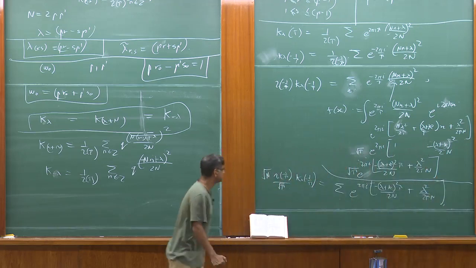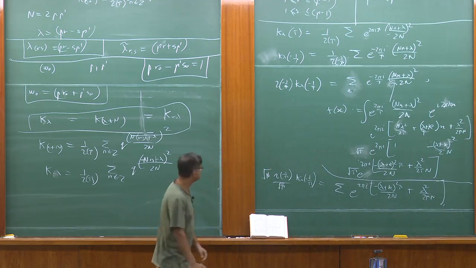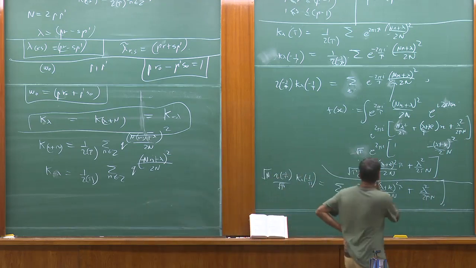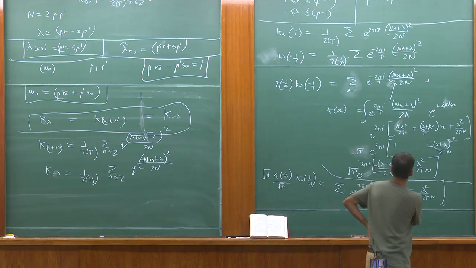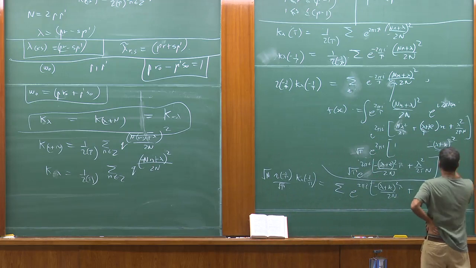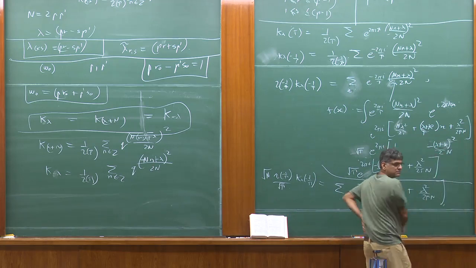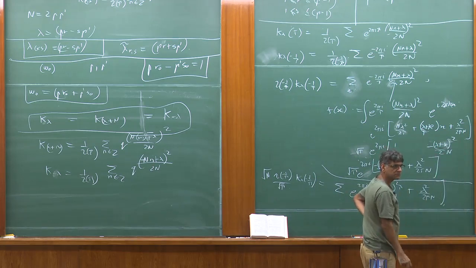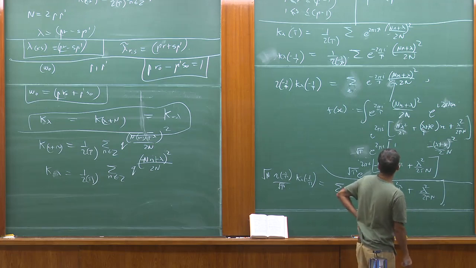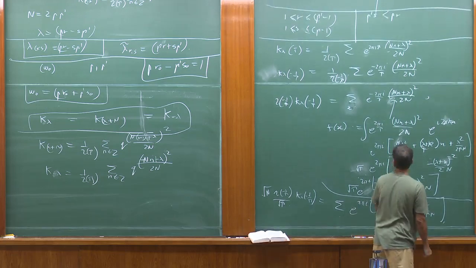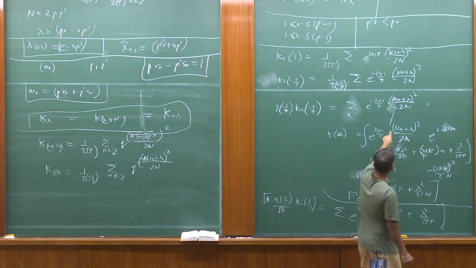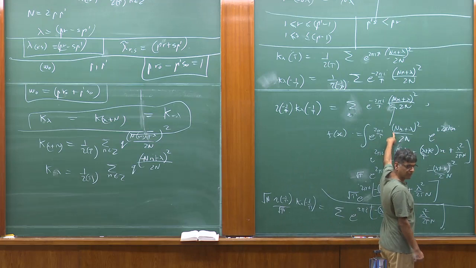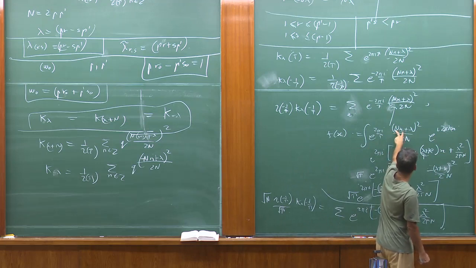There should be some k square there, which cancels that k square. Your original thing only had k, right? We completed the square, so there should be plus lambda. The original expression didn't have any k square. What I did was take this and Fourier transform it, completing the square in x.